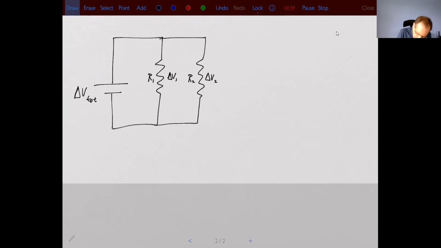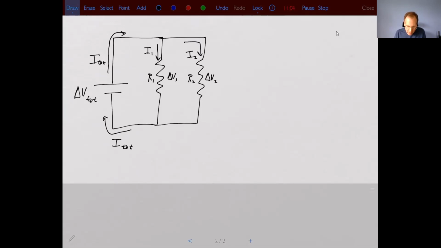The current traveling through this part of the circuit is I total. Remember, this is also going to be I total. And then the current going through just that first resistor, I'll call I1, and the current going through the second resistor, I can call I2.